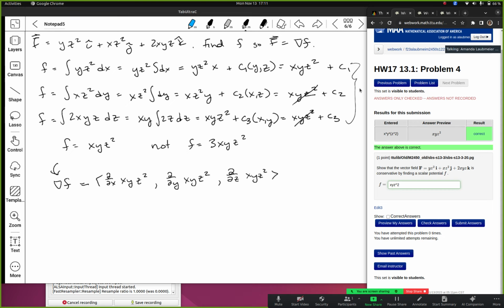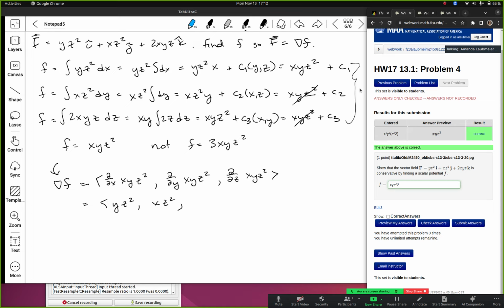Maybe you don't like this partial notation, maybe you do like f_x, f_y, f_z, whatever your preference is. But the derivative with respect to x of xyz squared is just yz squared. The derivative with respect to y of xyz squared is just xz squared. We're seeing that yz squared is a constant with respect to x, and xz squared is a constant with respect to y.